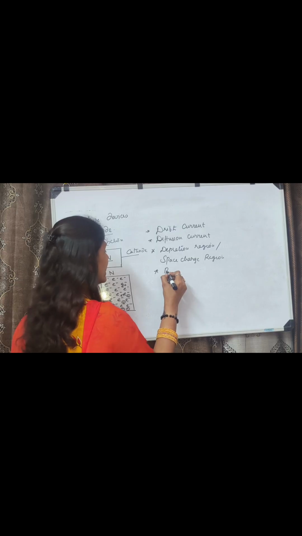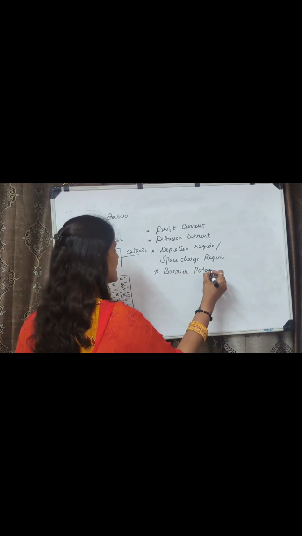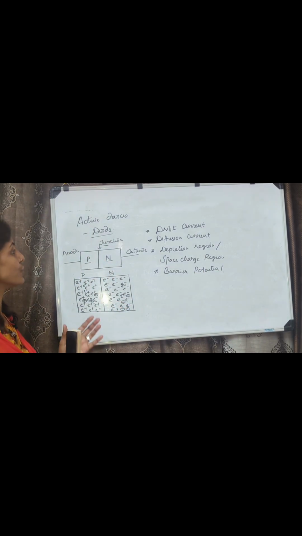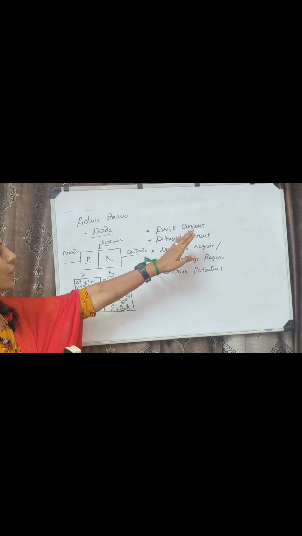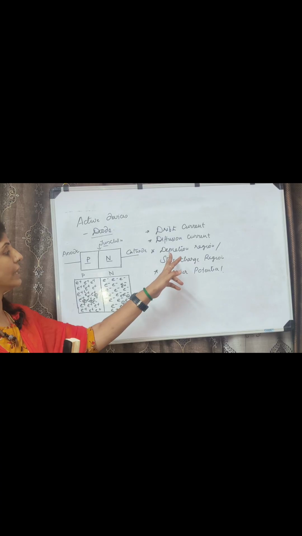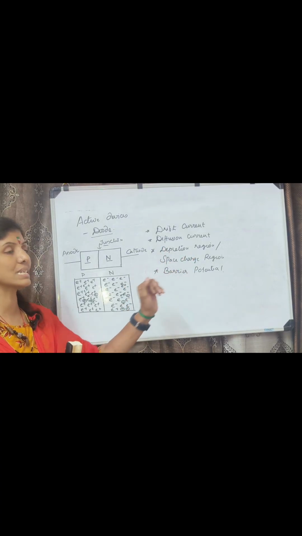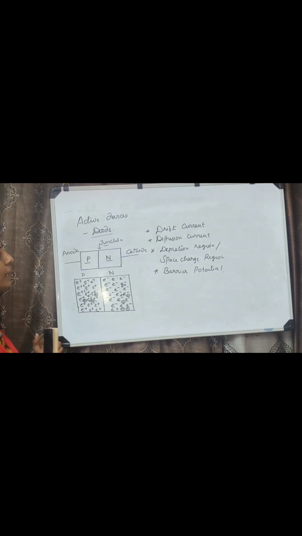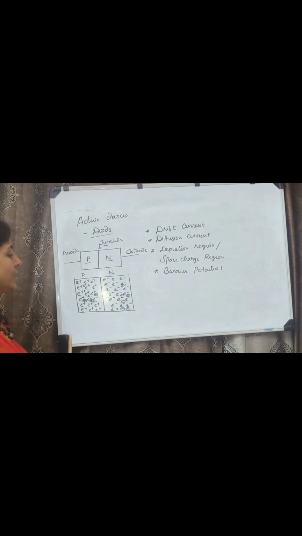Here there is one more potential, called the barrier potential. So these are the four words you should know while studying about diodes: drift current, diffusion current, the depletion region or space charge region, and the barrier potential. We will see what drift current, diffusion current and all are.